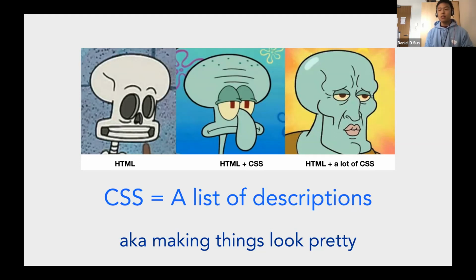And if you add in a lot of CSS and you really put an effort there to style everything, you can make even the, I don't want to call them ugly because that's a little mean, but some less appealing things look more appealing. We'll put it that way. So CSS, it's like cosmetics, right? Making stuff look good, making your website do cool things. And the way we should think of it is like a list of descriptions for making our website look pretty.